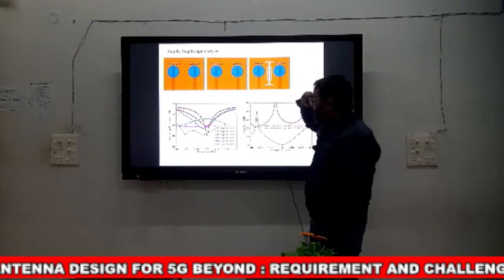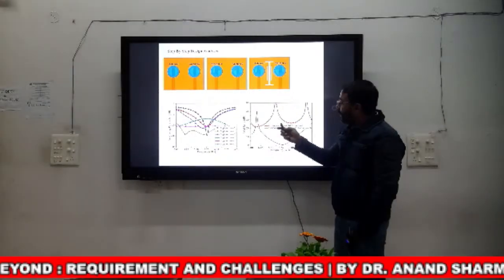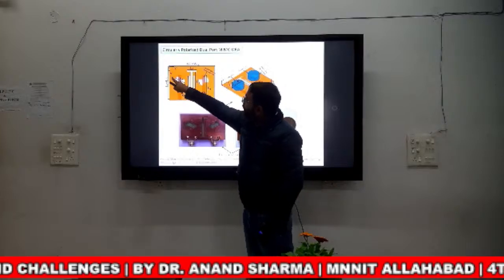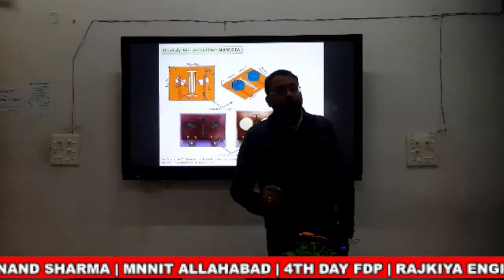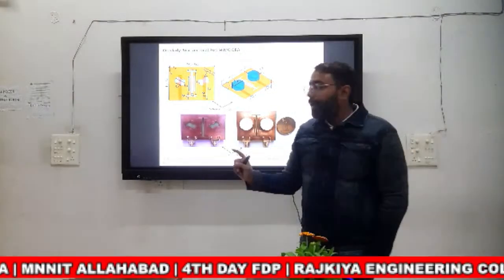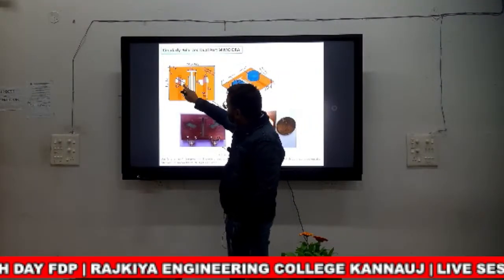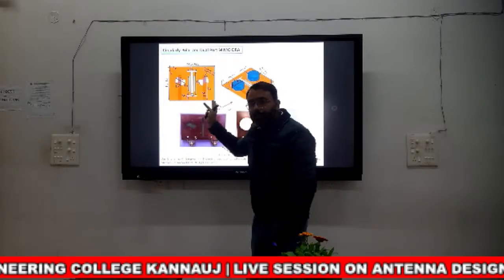Now the main point in this structure is that, if you see carefully, one aperture is tilted on this side and another aperture is tilted on this side. If you do this, the polarization changes. That means if one port supports LSCP waves, then the other port supports RSCP.